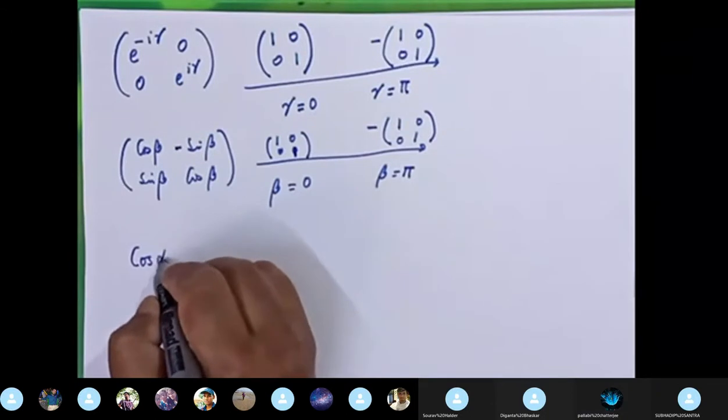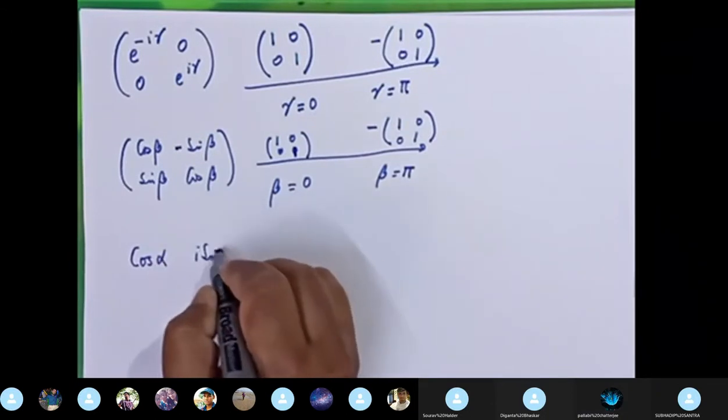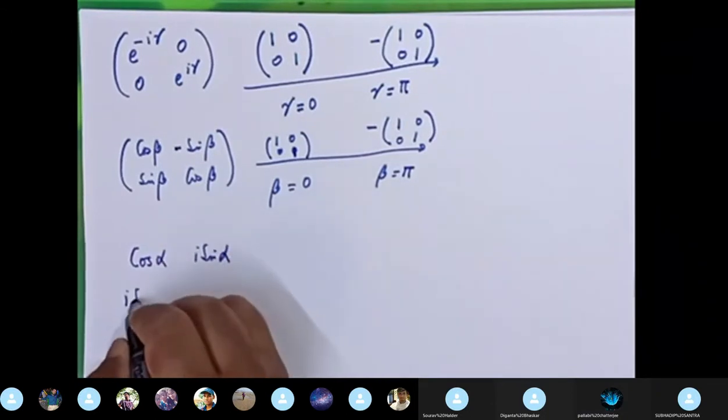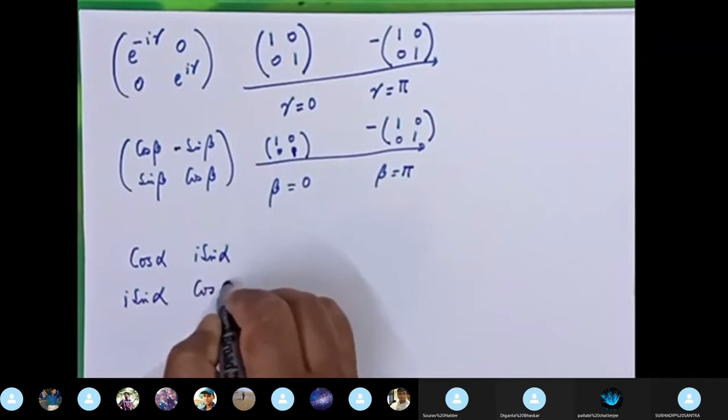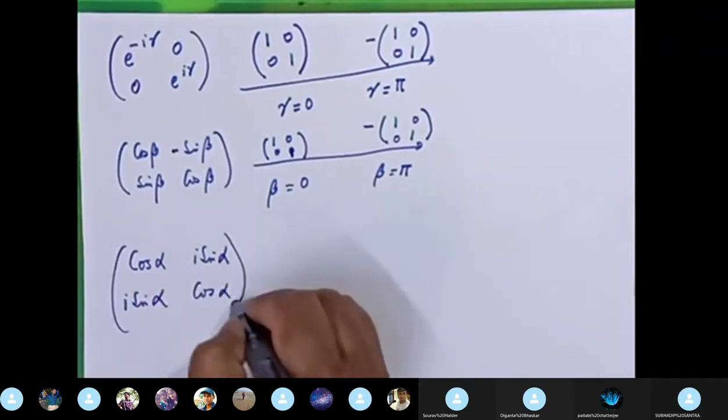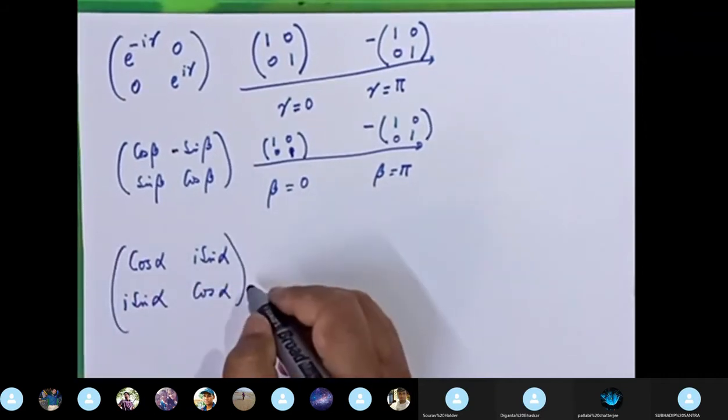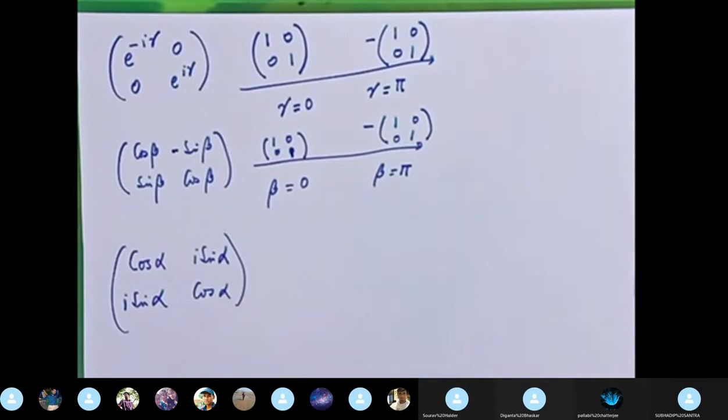For cos alpha, i sin alpha, i sin alpha, cos alpha. So this is strange.